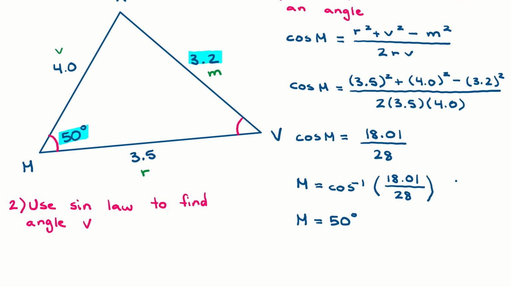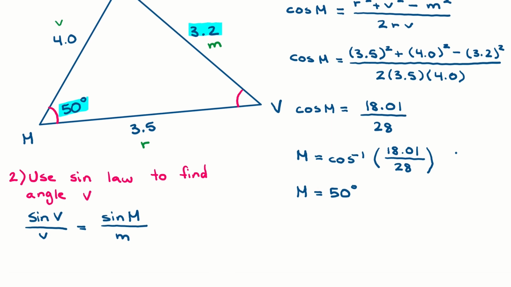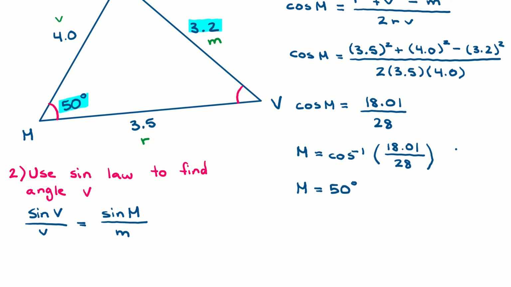If we do that, we know that sine of V over side V is equal to sine of M, so the angle we do have, over side M. Plugging in numbers here, we get sine of V, the angle that we don't know, divided by side V, which is 4, is equal to sine of M, 50 degrees, divided by side M, which is 3.2.